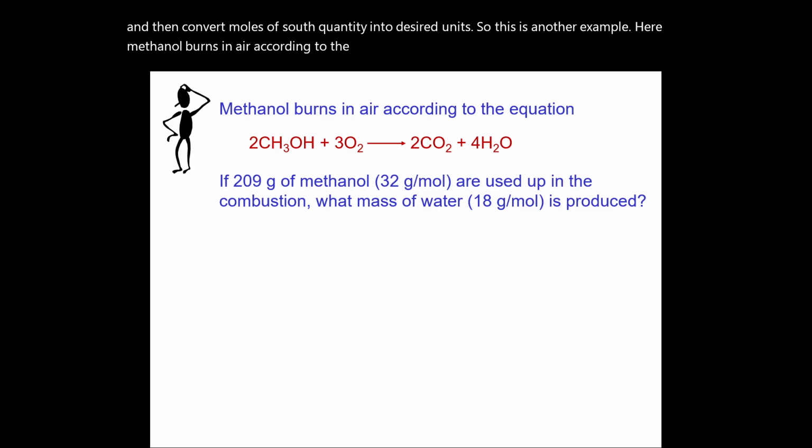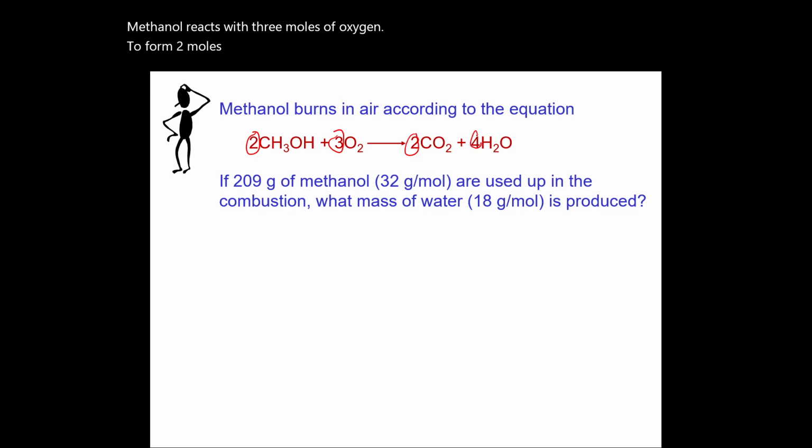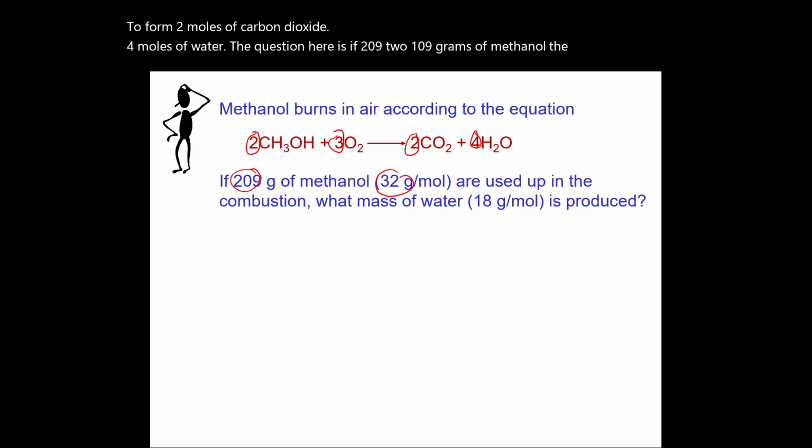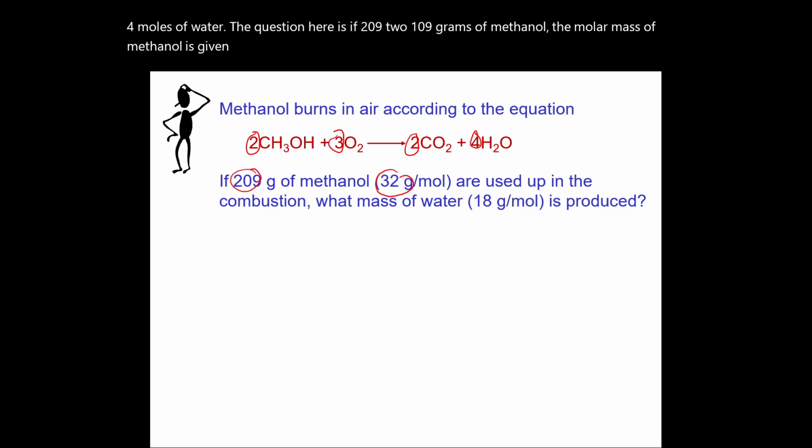It is balanced here: 2 moles of methanol reacts with 3 moles of oxygen to form 2 moles of carbon dioxide and 4 moles of water. The question here is, if 209 grams of methanol, the molar mass of methanol is given, 1 mole is 32 grams, are used up in the combustion, what mass of water, the molar mass of water is given, is produced.